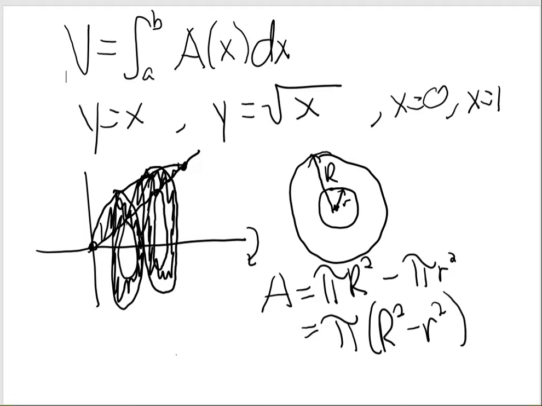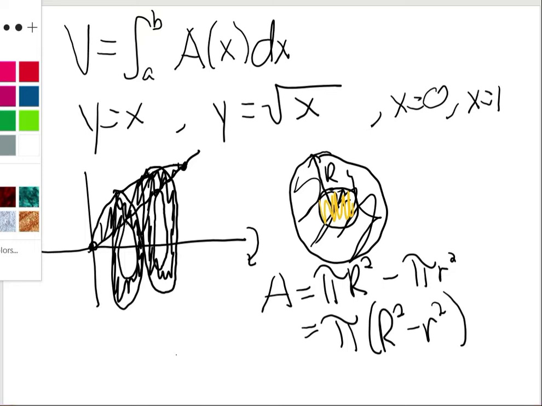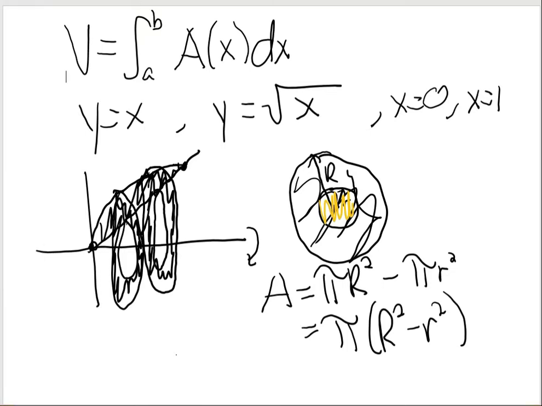And that just comes from, well, pi R squared would be this big disk, including the little bit that we don't want. So we want to subtract out this little bit that we don't want to get what the area is that we're looking for.